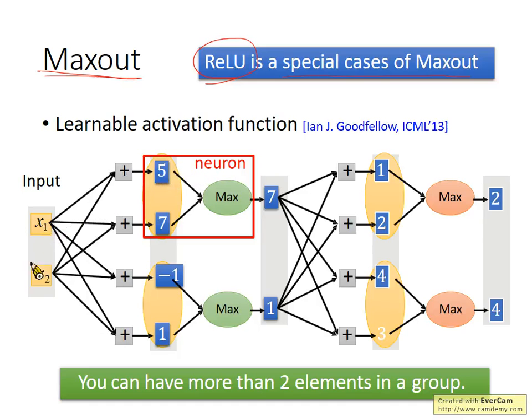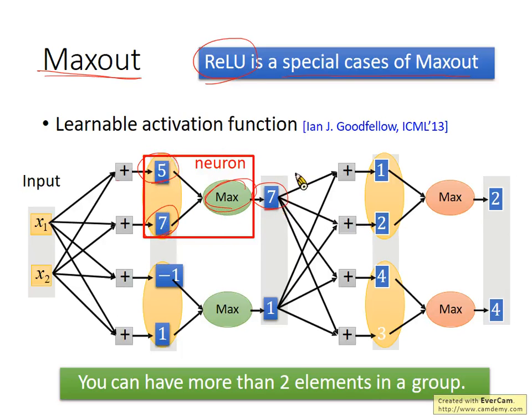Assume that we have two inputs, and then we do a linear combination of these two inputs. And we may combine them using different parameters. We may combine them to get the number 5, and with another combination we get the number 7, and then we just take the maximum of these two values and output. So in this case, we will output the number 7, and so on.